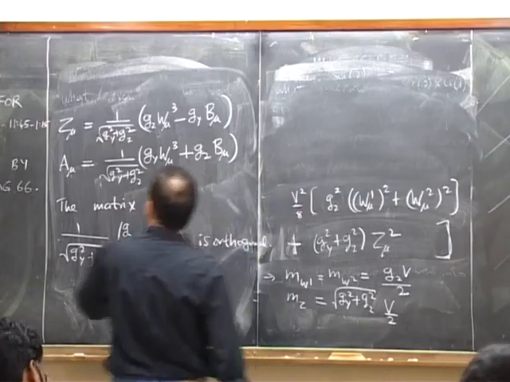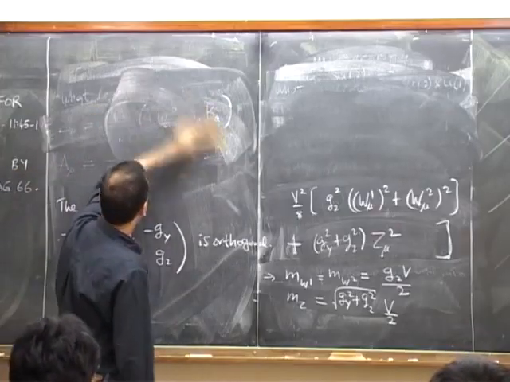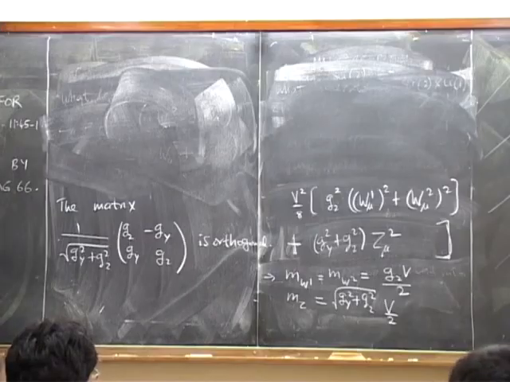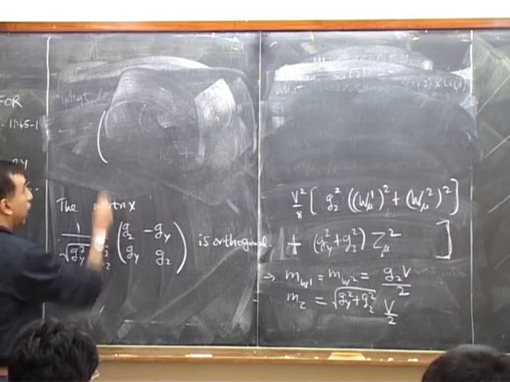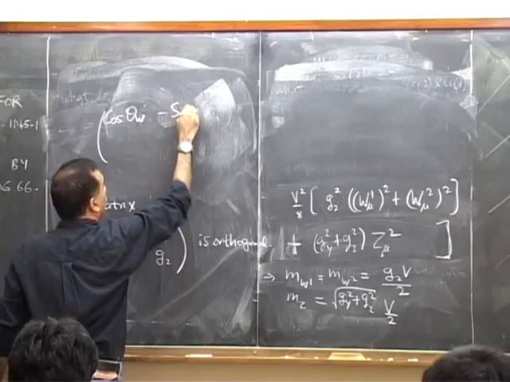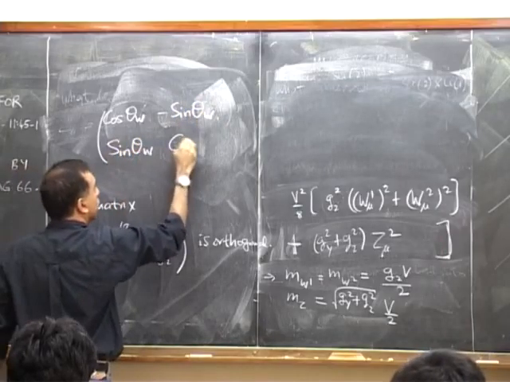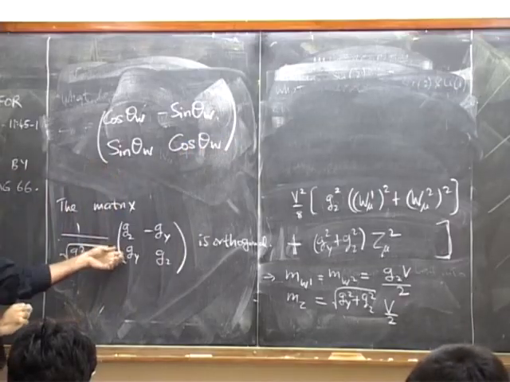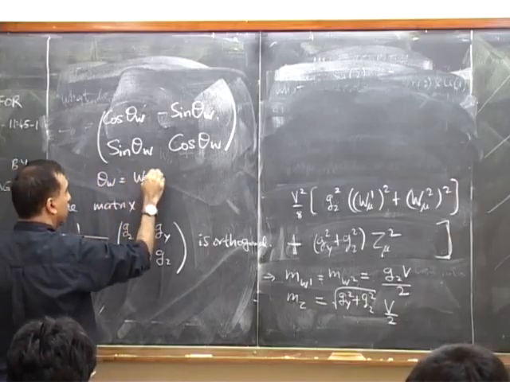Now to close, I'll just rewrite this matrix in a nice way. So let's pick our favorite Nobel laureate, let's say Weinberg, and let's call g2 over this thing cos theta Weinberg. And then this is an appropriate way to parameterize any orthogonal 2 by 2 matrix, and theta_W is called the Weinberg angle.